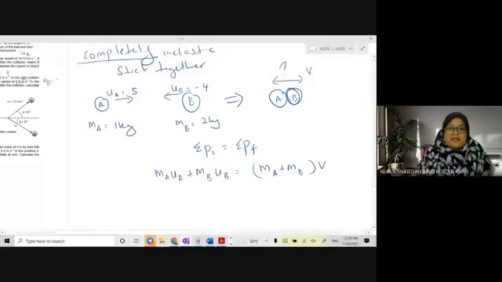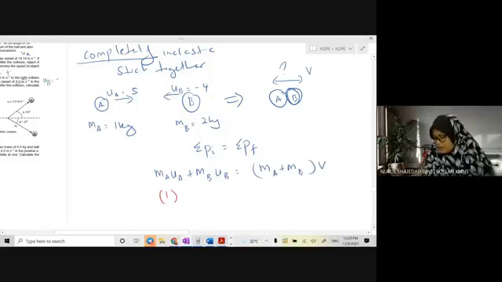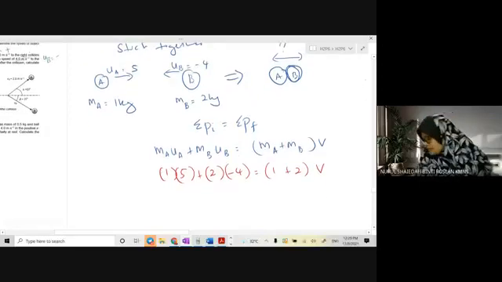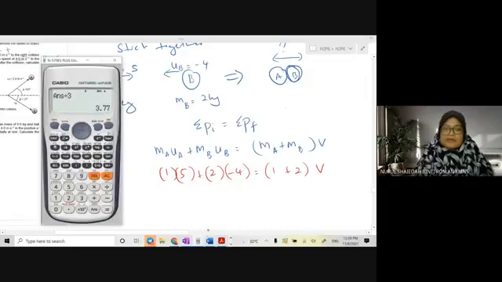Okay, berdasarkan gambar rajah ni, MA is 1, UA is 5, MB is 2, UB is negative 4. Mass tak berubah, mass constant, V unknown. Ni tak ada zero, so tak boleh nak tolak apa-apa. So you kena buat sendiri.